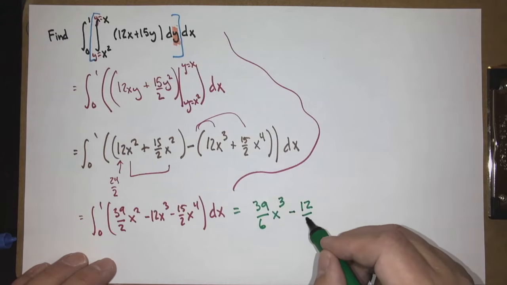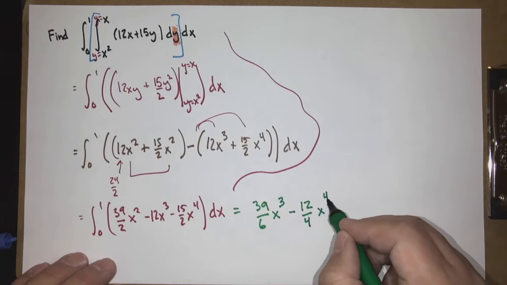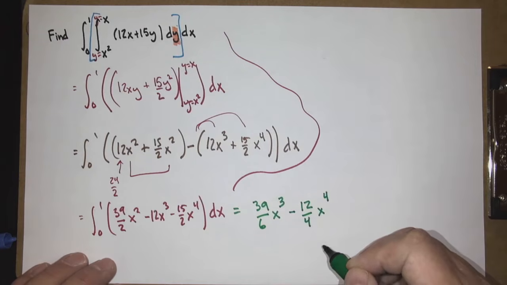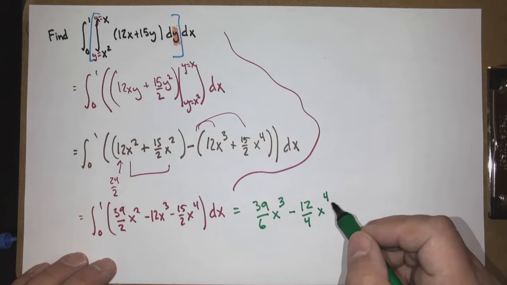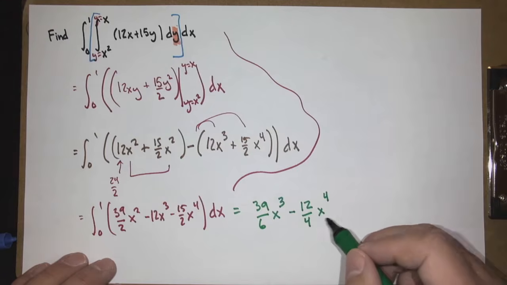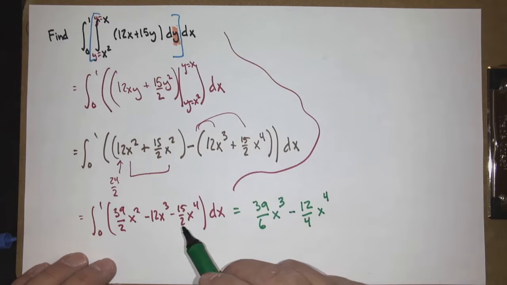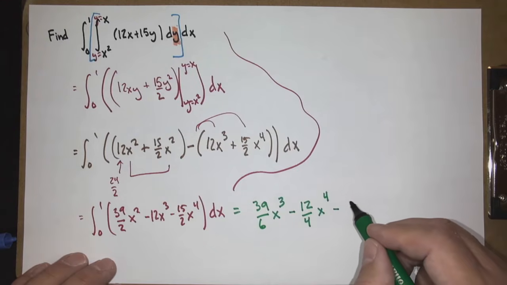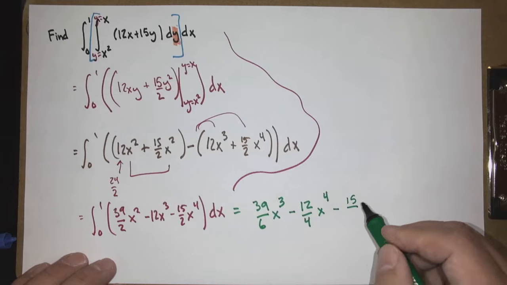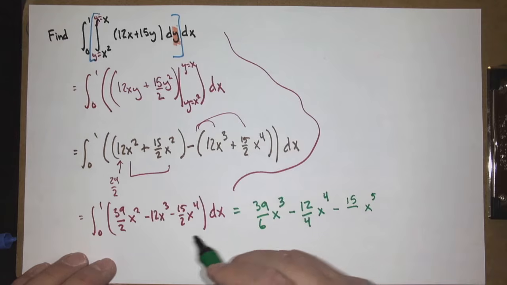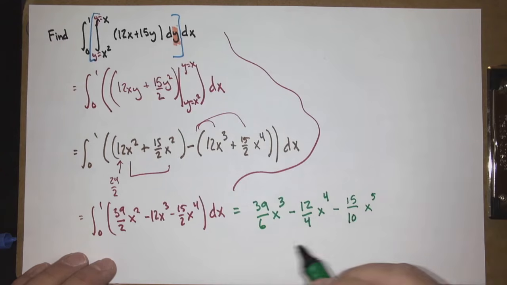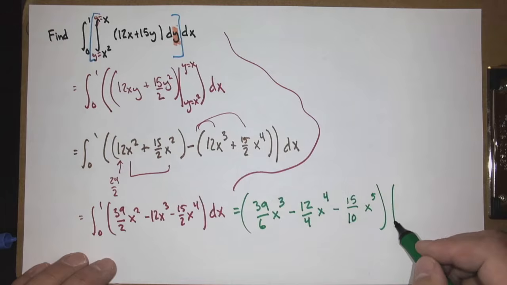We can do 12 over 4 x to the fourth. So remember, the 4 will go downstairs. When you differentiate, it goes upstairs. Integration goes downstairs. Minus 15, and then you're going to have an x to the fifth, so you're going to put a 5 downstairs. There's already a 2 downstairs. And evaluate from 0 to 1.